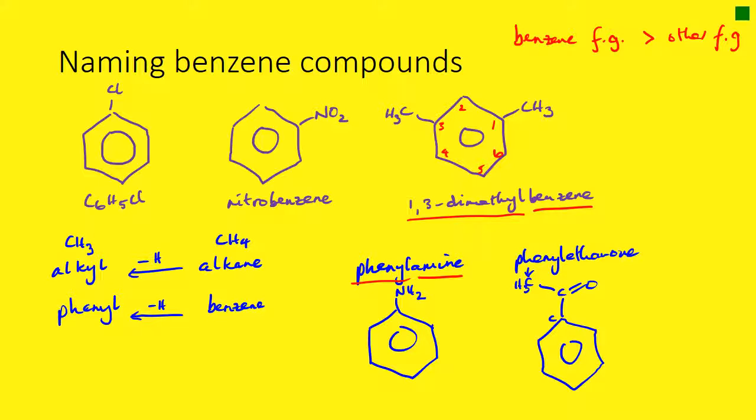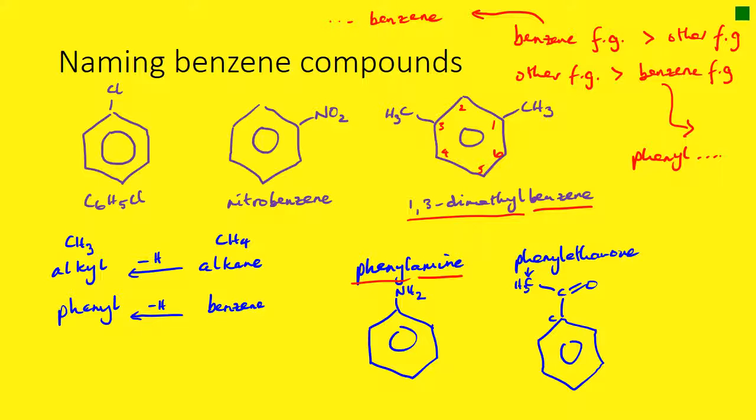But when the other functional group is more important than the benzene functional group, then we call it phenyl functional group. So that one there is phenyl, and this one here is benzene.